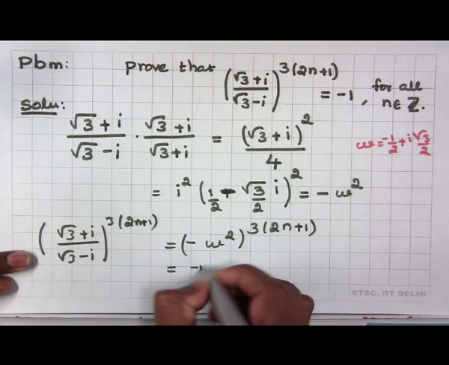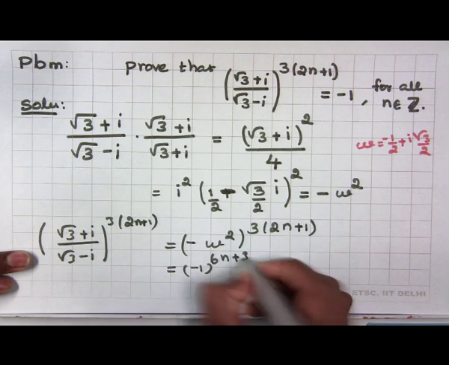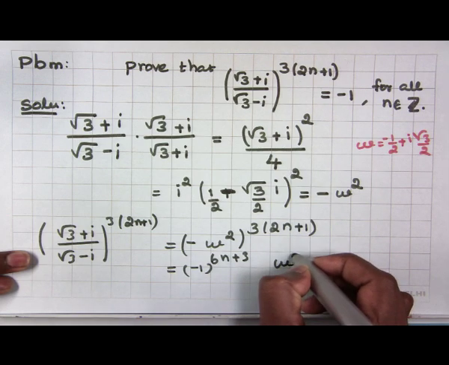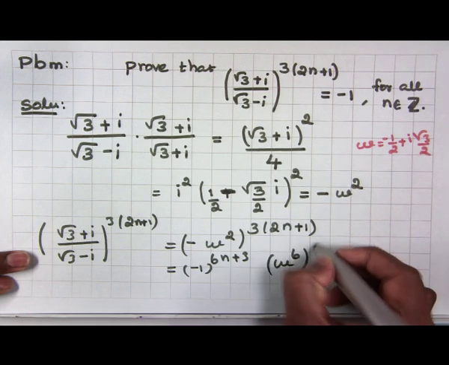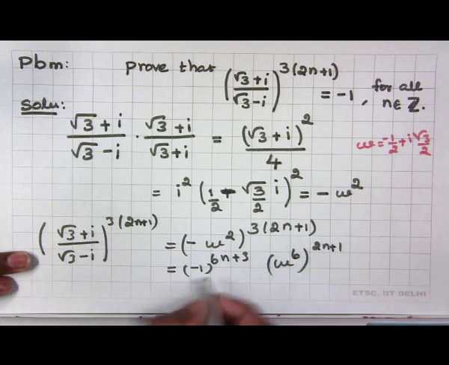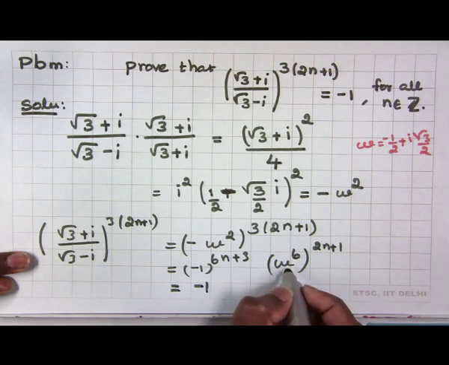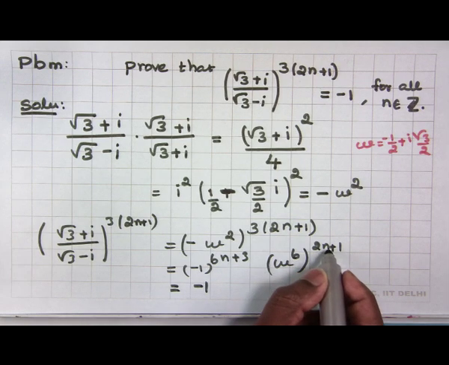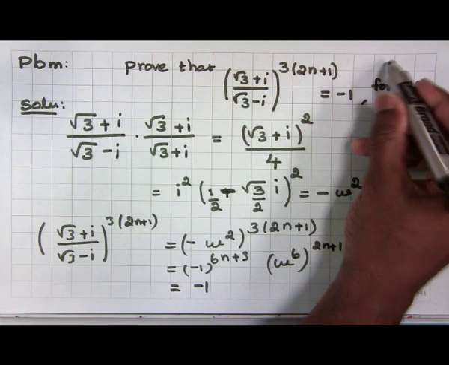This is (−1) to the power 6n + 3, and omega square we can write as omega to the 6 power (2n + 1). This gives us minus 1, and this gives us just 1 because it is a multiple of 3, which is always 1.